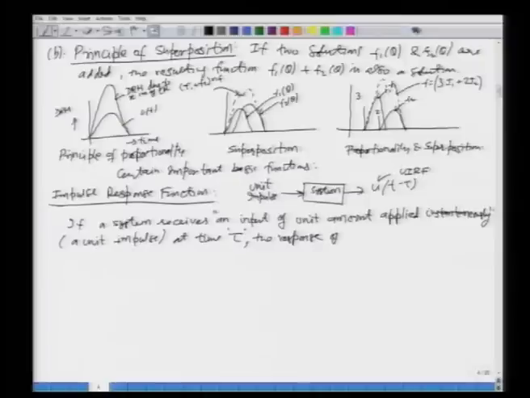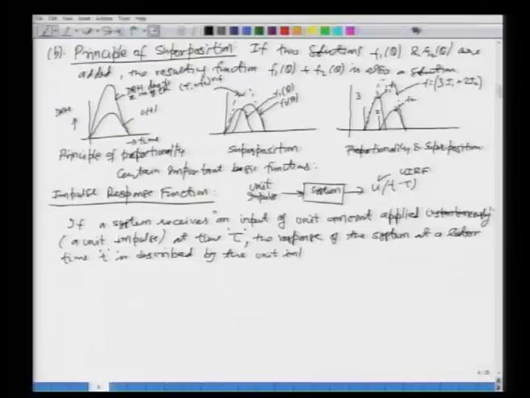So, this unit impulse input is applied at a certain time tau, then the response of the system at a later time t is described by the unit impulse response function.